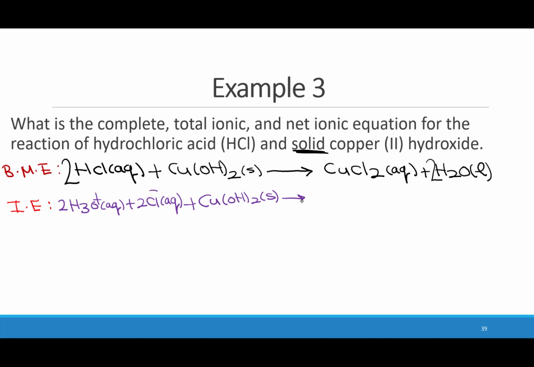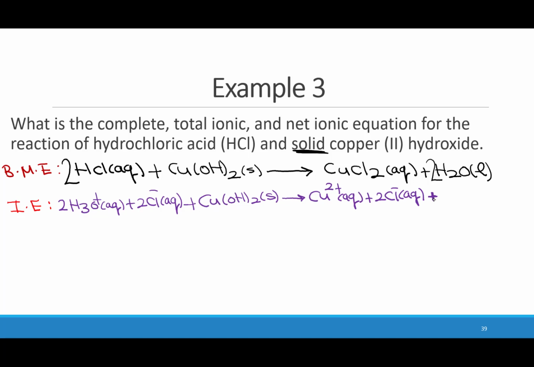Now this one, copper 2 chloride, is an ionic compound in aqueous state. Therefore, it will go 100% separation. You will get copper 2 ion plus 2 chloride ions. Now, water is in liquid state, so it will not separate. We have 2 water molecules.